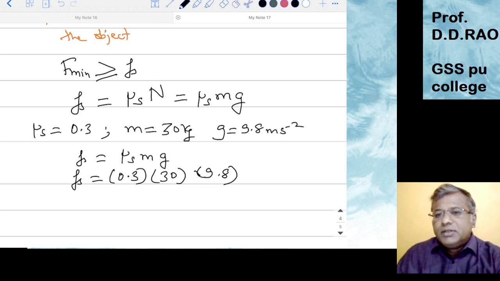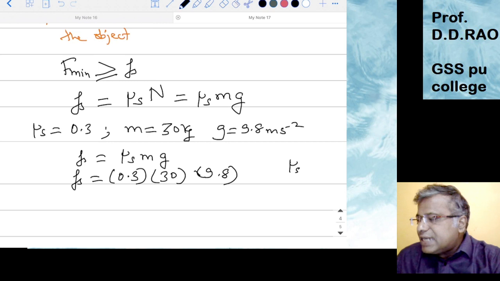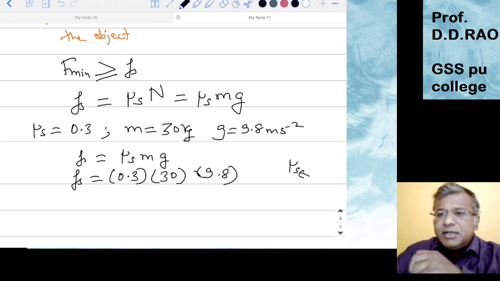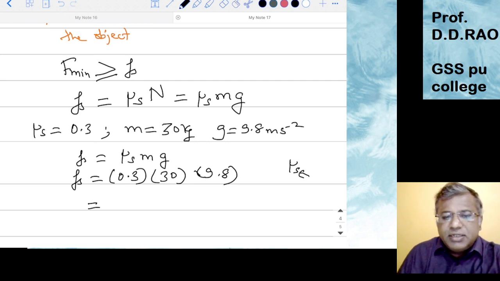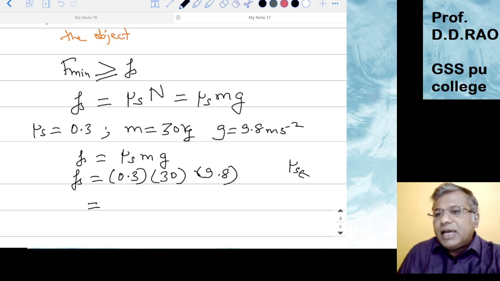Here the s in mu s denotes static friction. Now if I do the calculation, 0.3 into 30 into 9.8, the value will be 88.2 newtons.